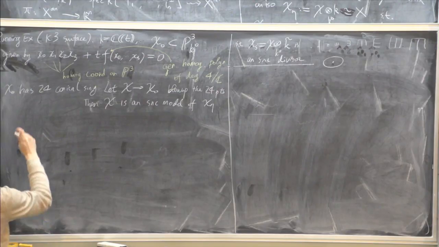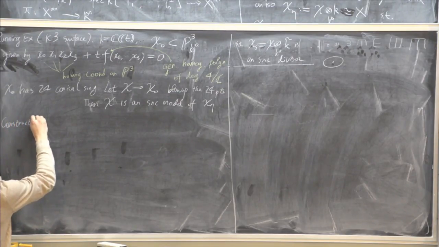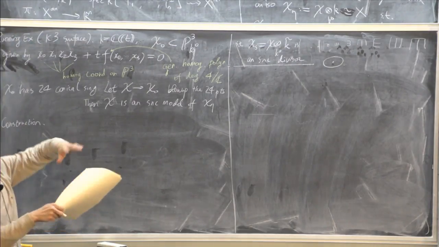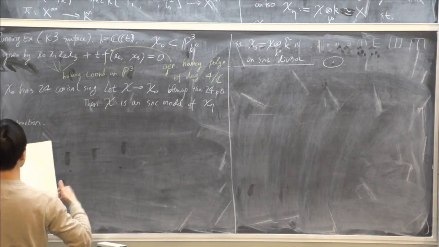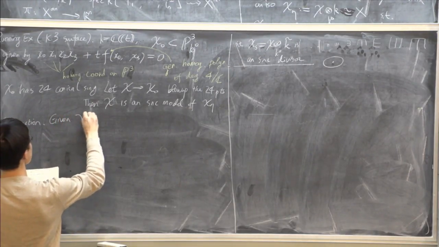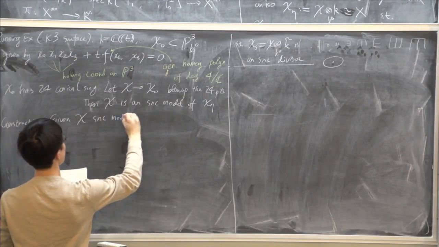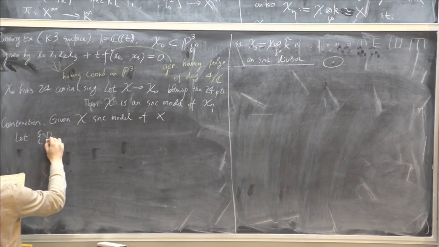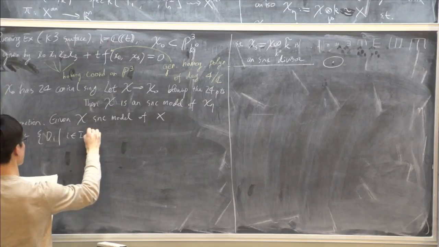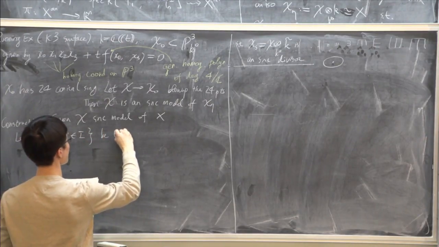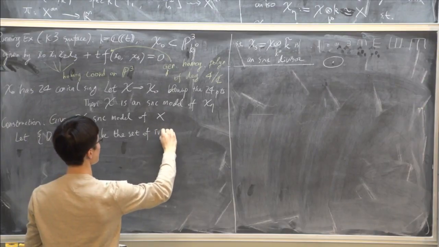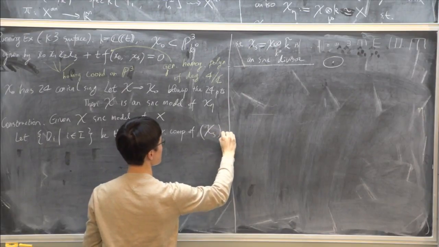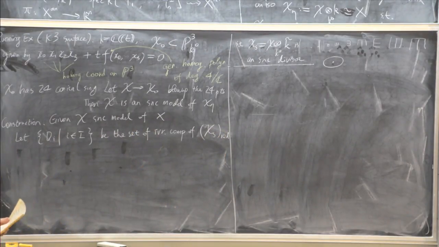Now I'll describe a construction which generalizes that construction to the global case. Given curly X, an SNC model of X, let D_i be the set of irreducible components of the special fiber, with reduced scheme structure.